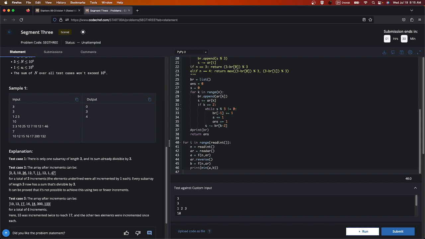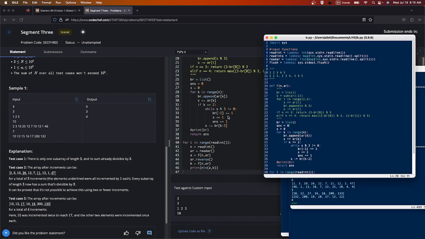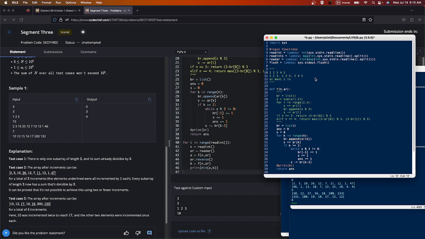Okay, we know for sure that we have at most 2 increments on each element. Like, if we do 3, we may as well have done 0, so that we know for sure.